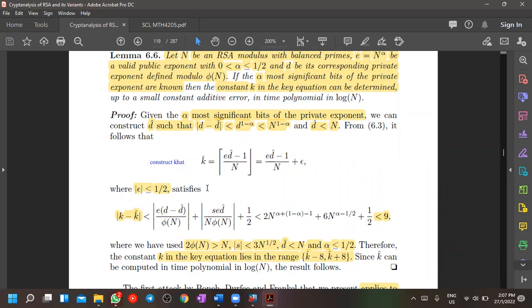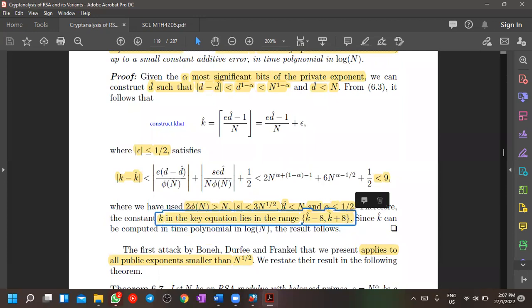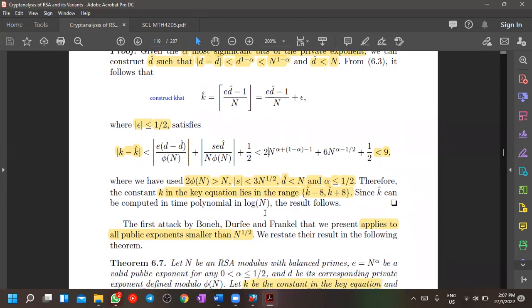This satisfies that the modulus of k minus k hat is less than 9, where we have used this condition in this equation. Therefore, the constant k in the key equation lies in the range of k hat minus 8 to k hat plus 8. Since k hat can be computed in time polynomial in log n, the result follows.